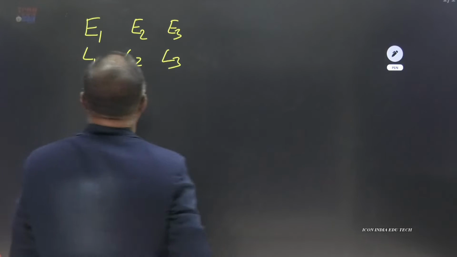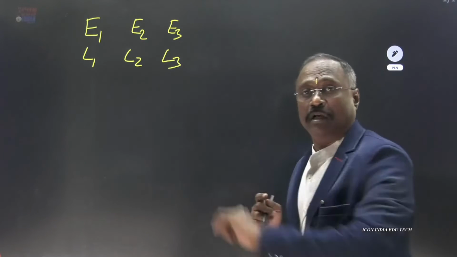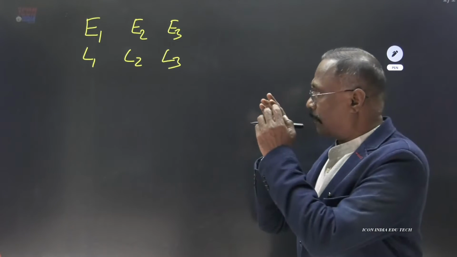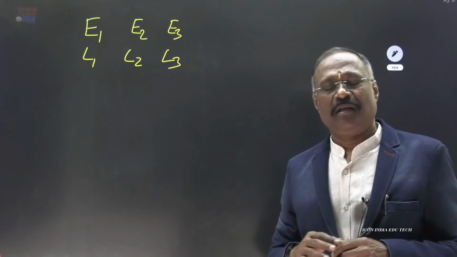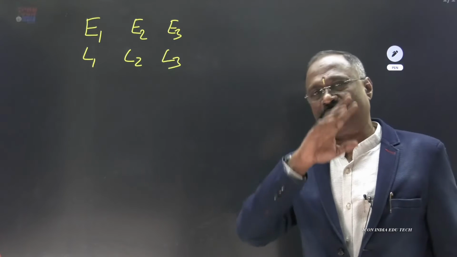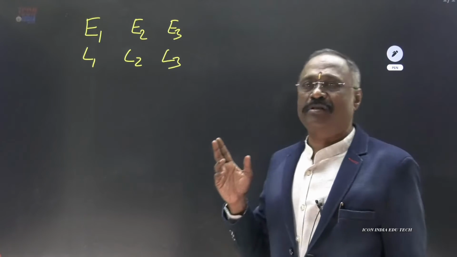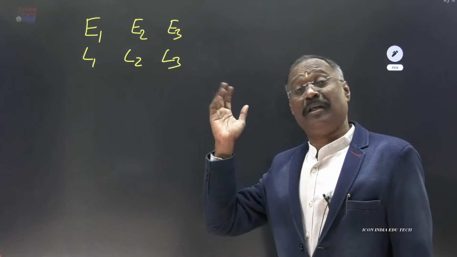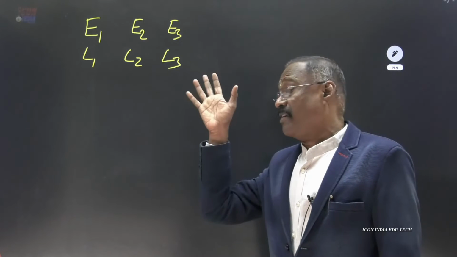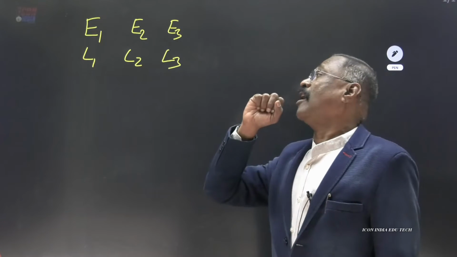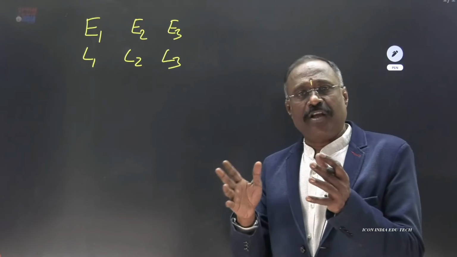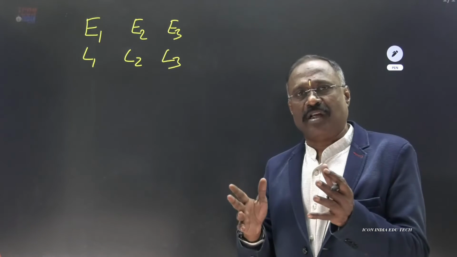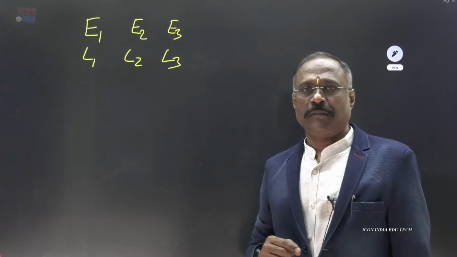If they are placed in their corresponding envelopes, that is the right arrangement. The right arrangement will always be one only. Whether 3 envelopes and 4 letters, 4 envelopes and 4 letters, 5 envelopes and 5 letters, or 100 envelopes and 100 letters, the correct arrangement will always be 1.